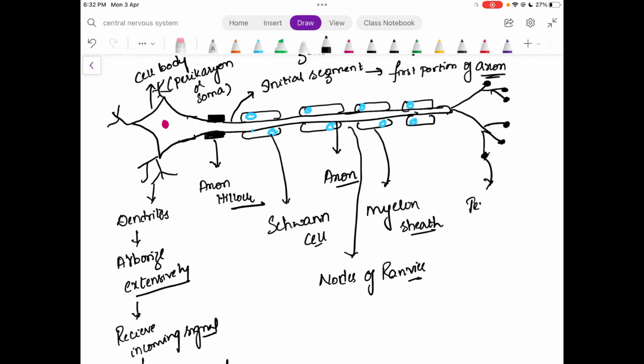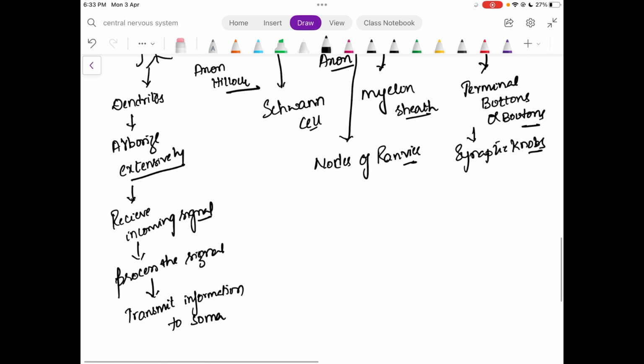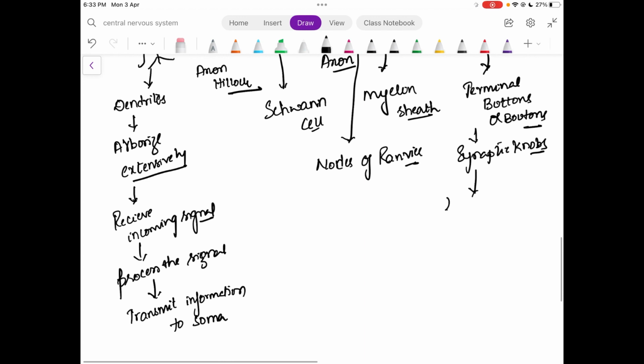They are also called synaptic knobs, or presynaptic terminals.